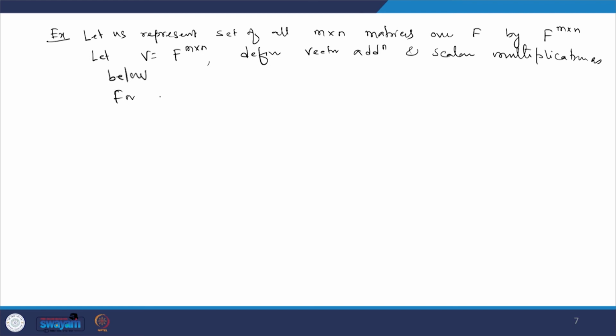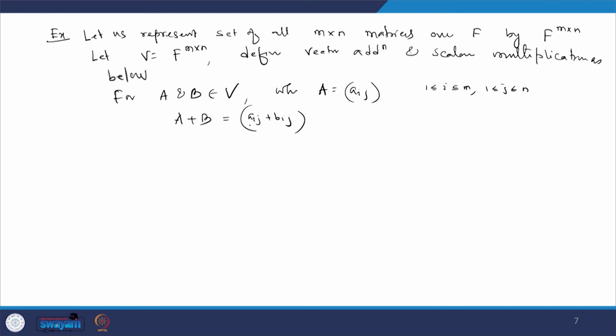For A and B belonging to V, where A equal to (Aij), with 1 less than or equal to i less than or equal to m and 1 less than or equal to j less than or equal to n, I am defining A plus B equal to Aij plus Bij. This is my addition.